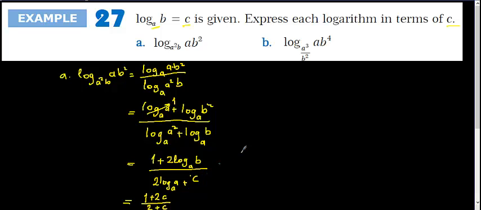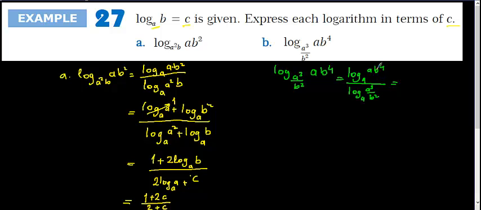Okay, if we solve the second one, logarithm base a cube over b square of a b to the power 4 is going to be equal to logarithm base a b to the 4 over logarithm base a cube over b square.